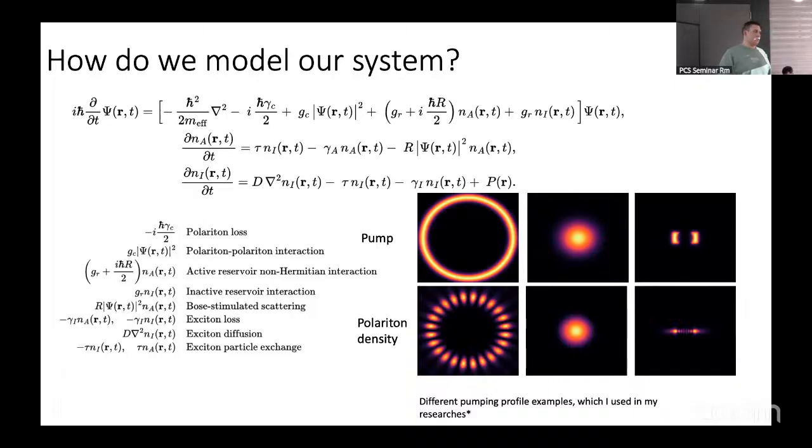It's not presented here explicitly, but the angular momentum depends on the total particle blue shift in energy that they have with fixed geometry. You can tune, for example, the exciton-polariton interaction, the polariton-polariton interaction.